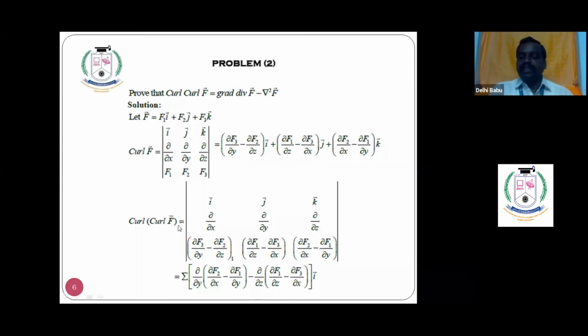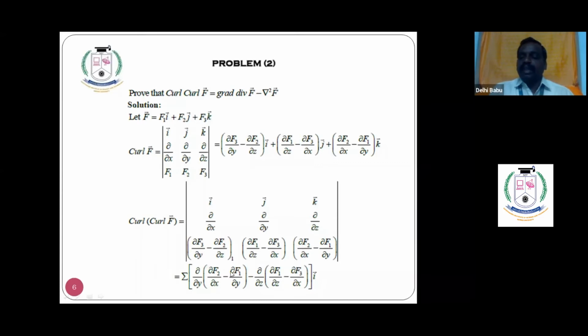Then curl f vector: from the last equation, the i vector component is dou f3 by dou y minus dou f2 by dou z. That's what I have written here. The j vector component is dou f1 by dou z minus dou f3 by dou x, and the k vector component is dou f2 by dou x minus dou f1 by dou y. So once again expand the determinant.